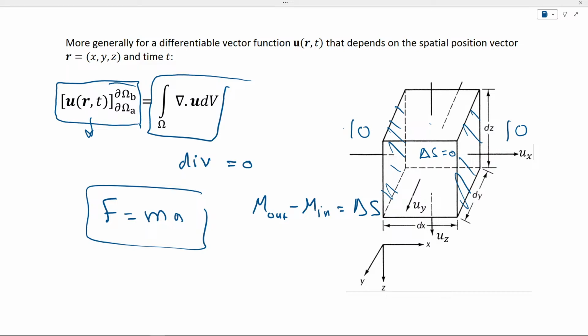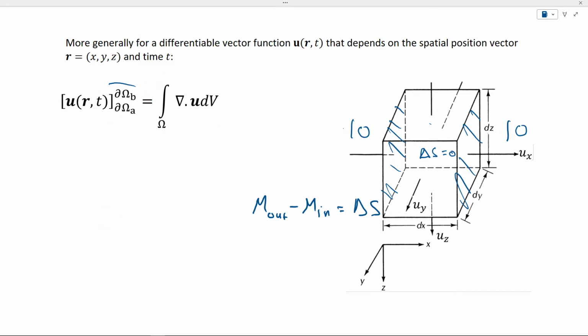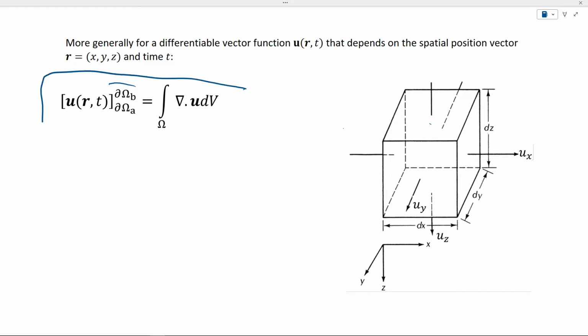So basically, from this you can derive many of the equations that we have been dealing with, like flow equations, forces, anything like that. This is the general form of the laws of conservation. That's basically what this is, and I think that's why this is important.